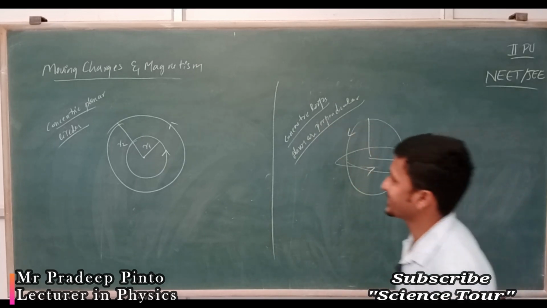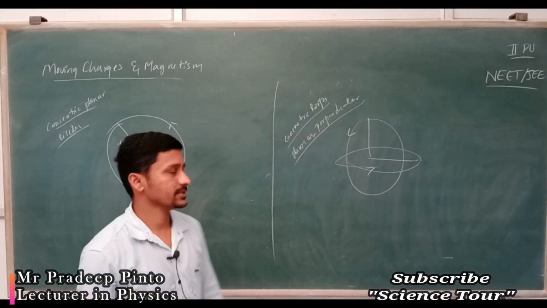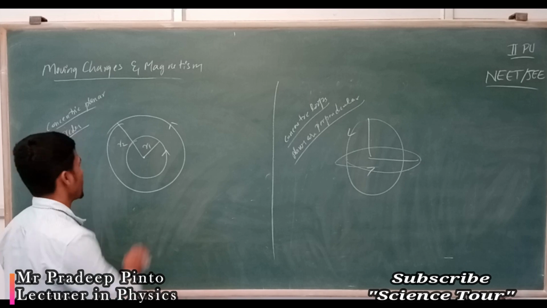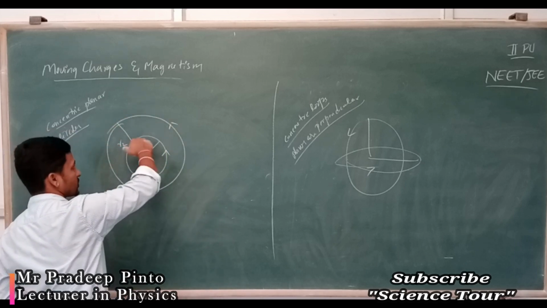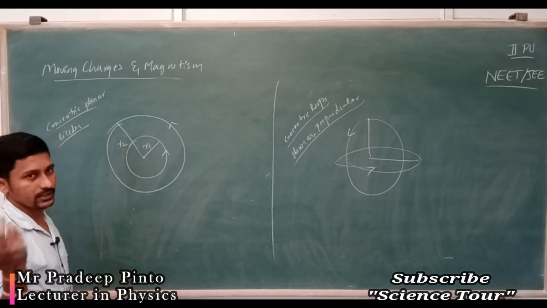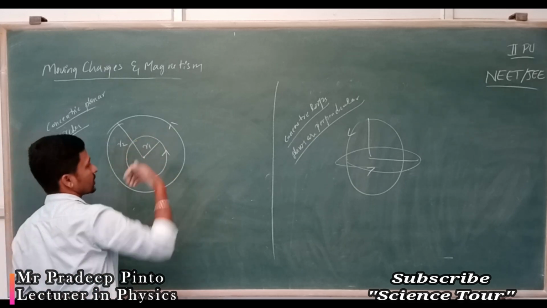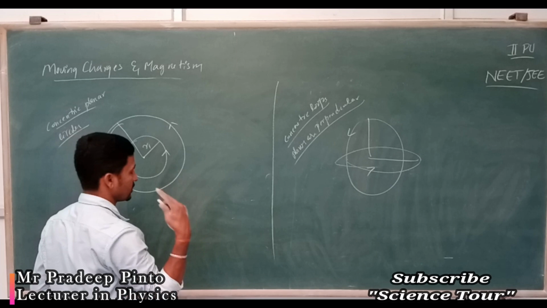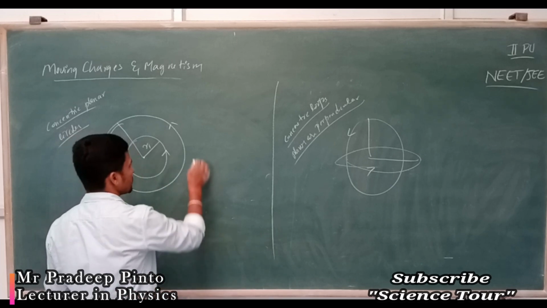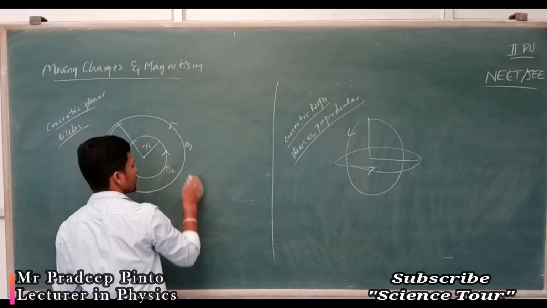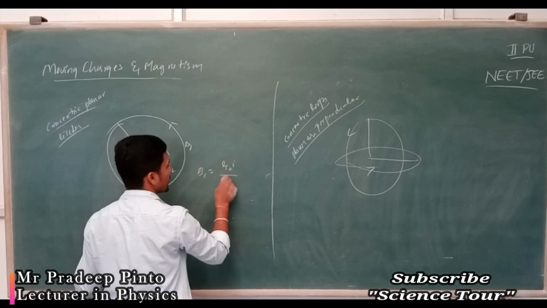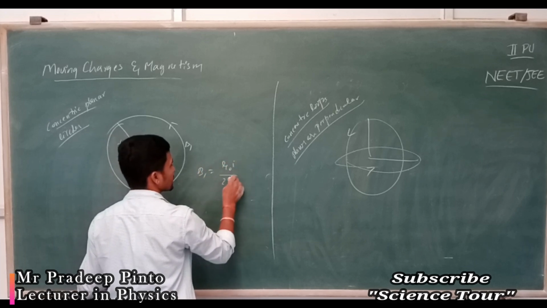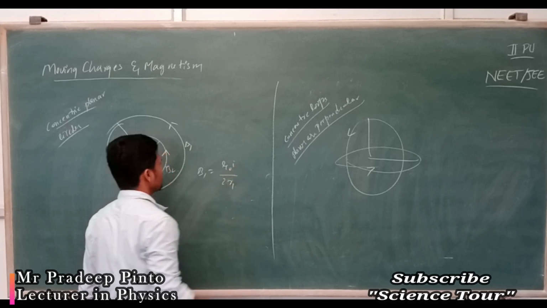Concentric circles, the center of the circles is the same, and the current is in this way. Because of the outer circle the magnetic field is towards you, because of the inner circle the magnetic field is also towards you. Because of B1 I can say, because of B2 I can say. B1 is nothing but how much? Mu naught I divided by 2R, isn't it?